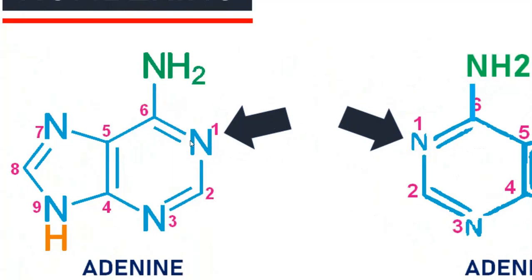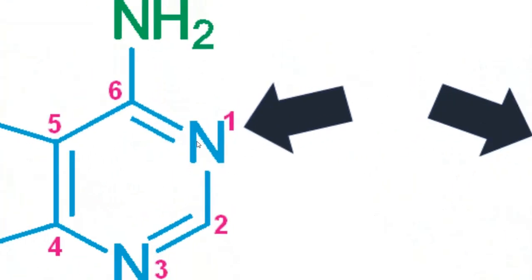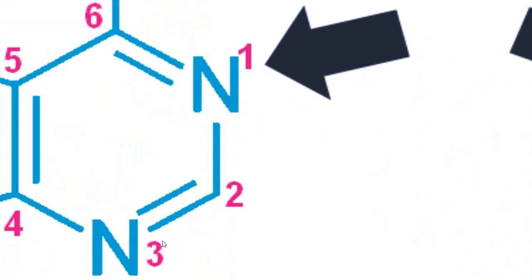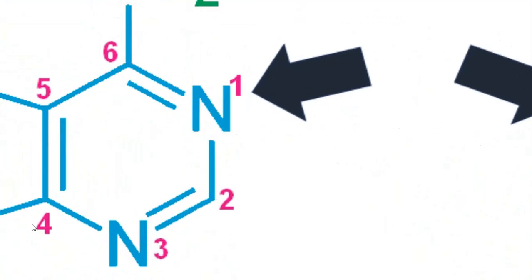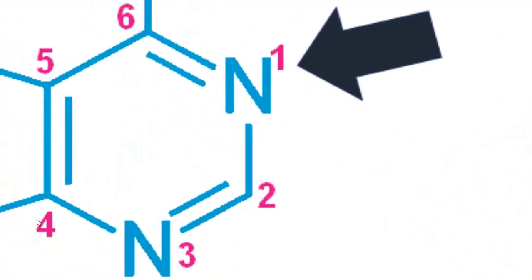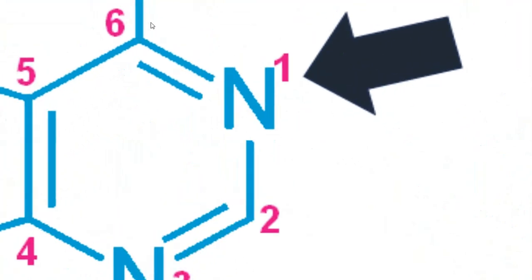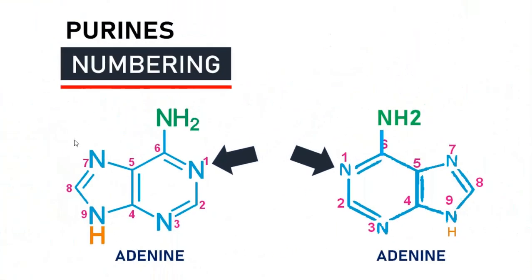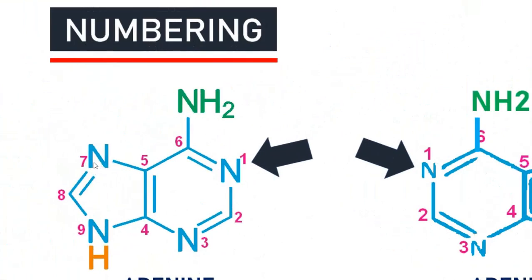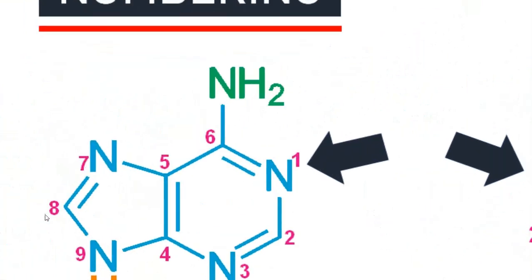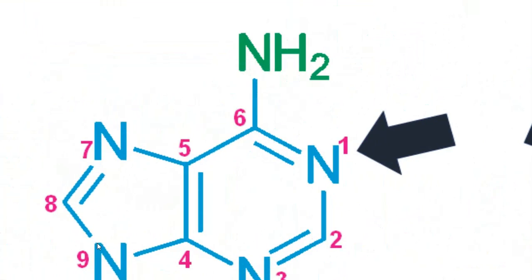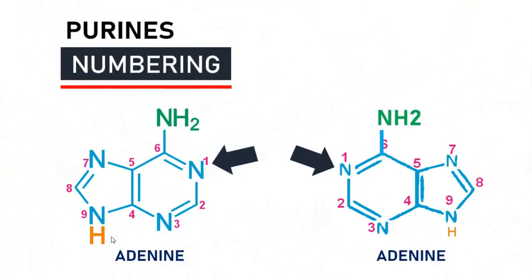In that case, this is the N1, and at the second position the carbon, third position again the nitrogen, and the fourth position the carbon, fifth position the carbon, and the sixth position again the carbon. Then from there, we have to continue the numbering. Then this is the seventh position, eighth position carbon, and ninth position again the nitrogen.